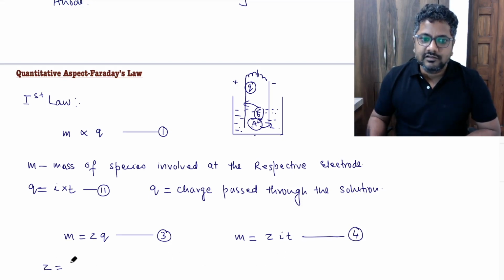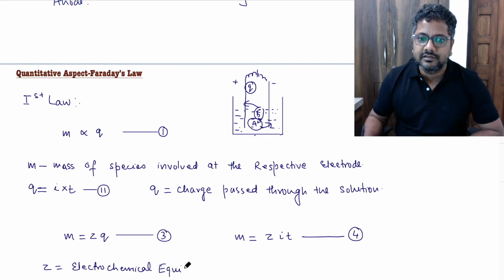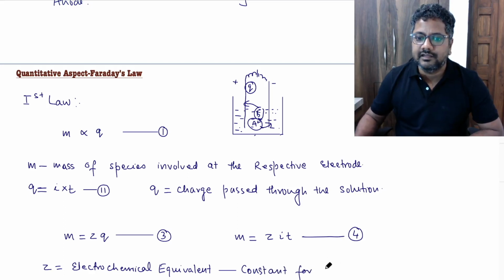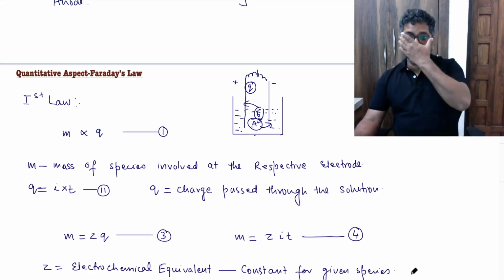Z is called the electrochemical equivalent, a constant basically, and it is constant for a given species, right?